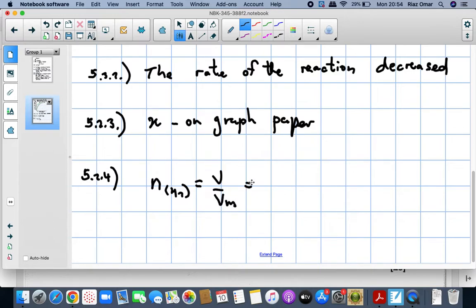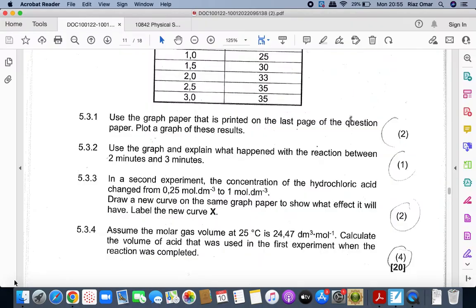The actual volume that we've got was 35 centimeters cube. So we have to divide it by 1000. That will give you 0,035 over the molar volume, which was given as 24,47. That's given in the question itself, right? Here it is, 24,47.